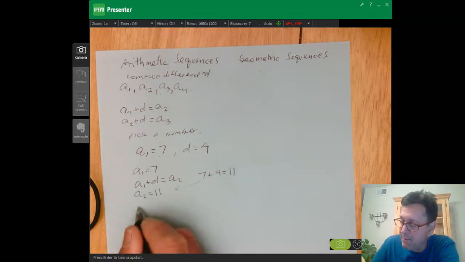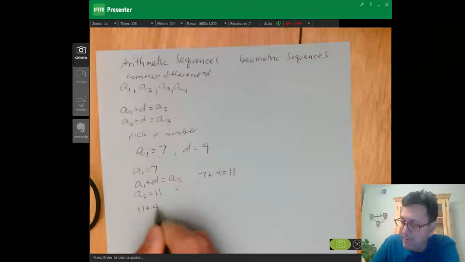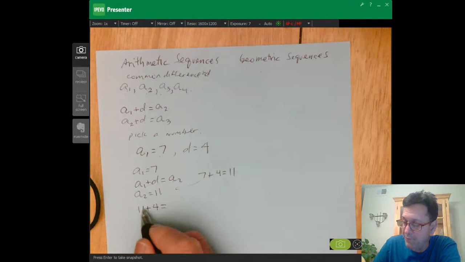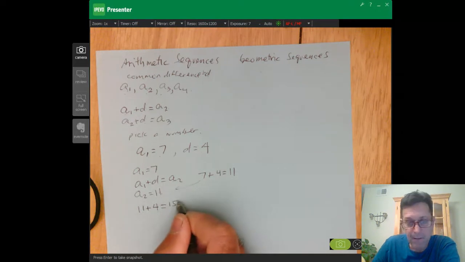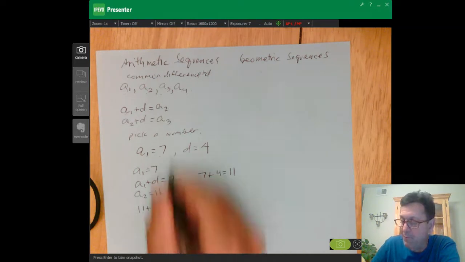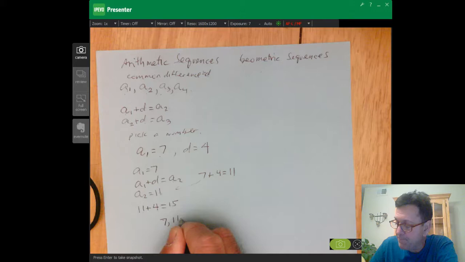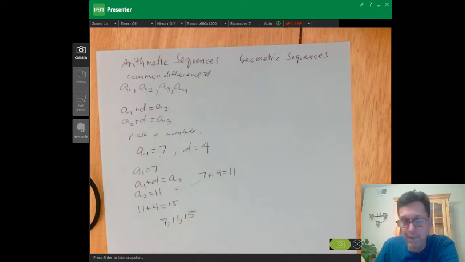Now, once we have that, we can add that. So 4, the common difference again, add that to A sub 2, which is 11, and we get 15. So the first three terms in this sequence would then be 7, 11, 15.